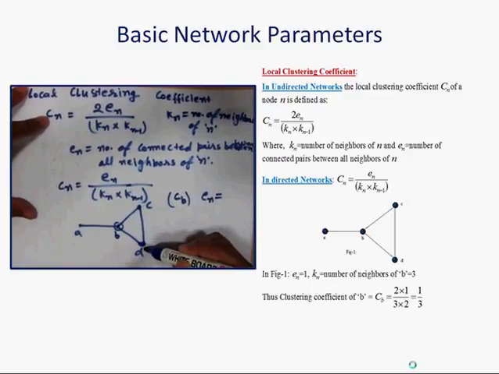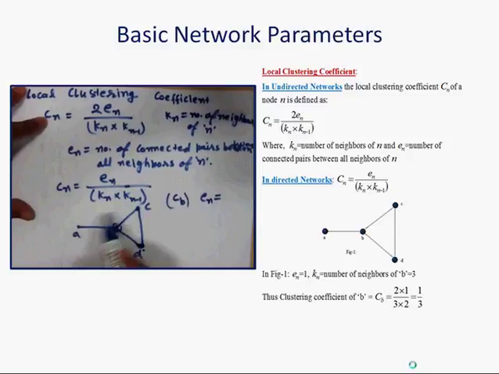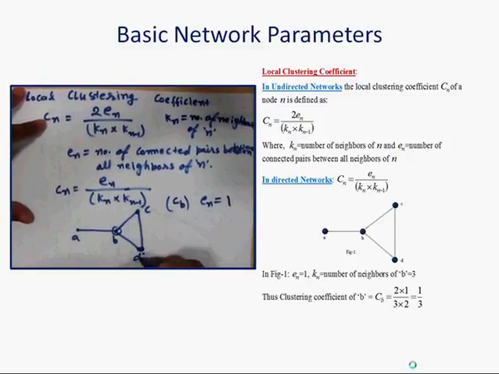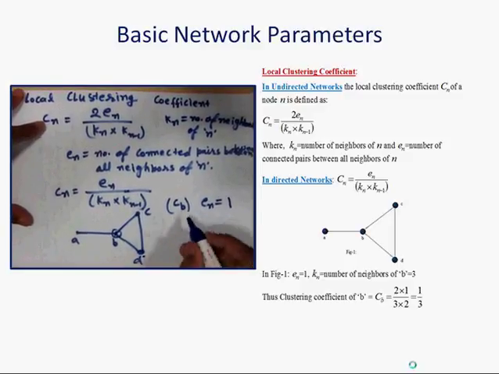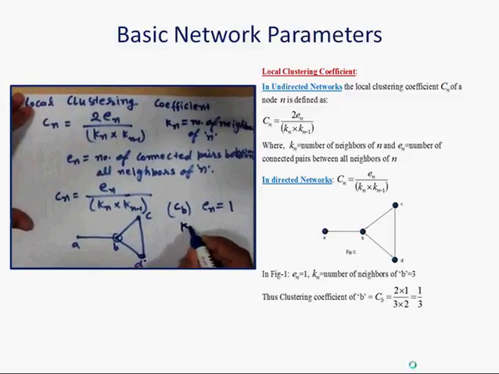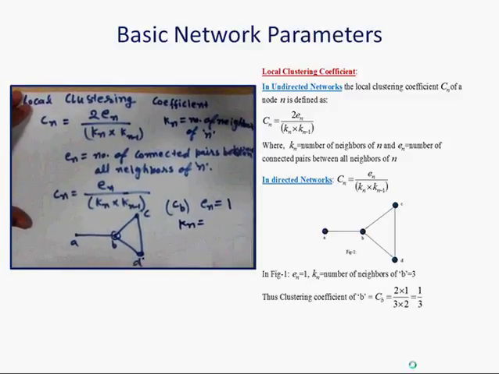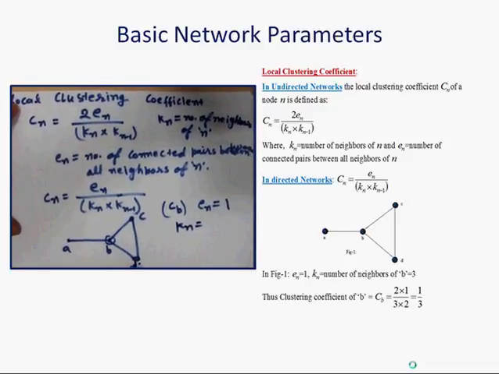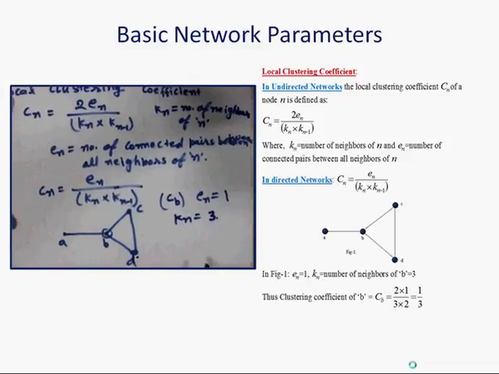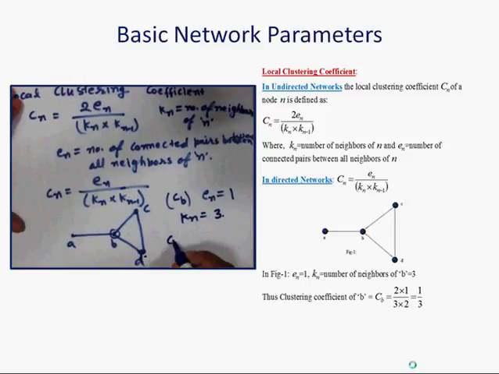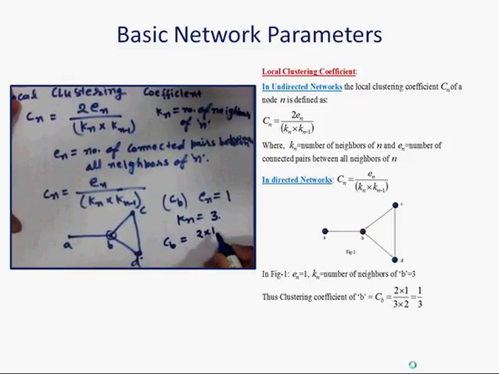So En will be 1 due to C and D. Kn is the number of neighbors of B. B has a total of 3 neighbors, A, D and C. So the clustering coefficient CB will be 2 into 1 divided by 3 into 2, which is equal to 1 by 3.